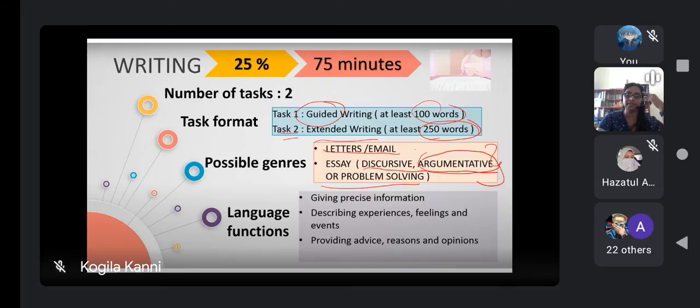Discursive is something you discuss all over, seeing the cause and effect, or the cause-effect solution. Or problem solving, you find out the ways to solve a problem. You have to elaborate that in detail.